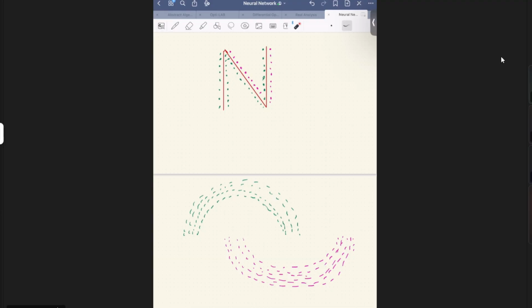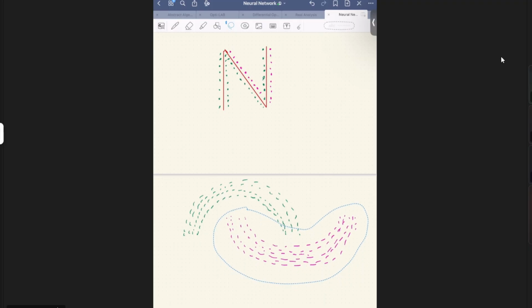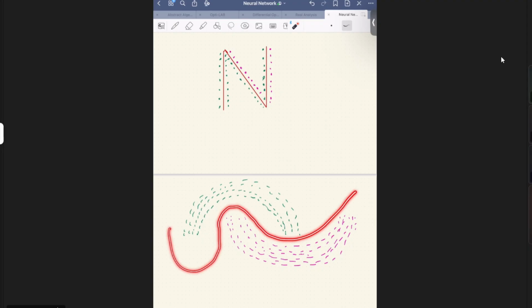And now if I add complexity, if I join these pinks into something like this, not a line, now you can't do it with line separation. You know there is no line now. So now you have to go for something like an arc that should be separated out. Right?